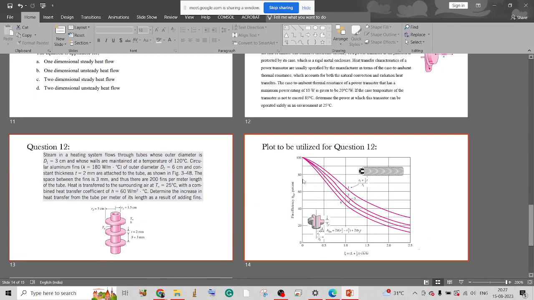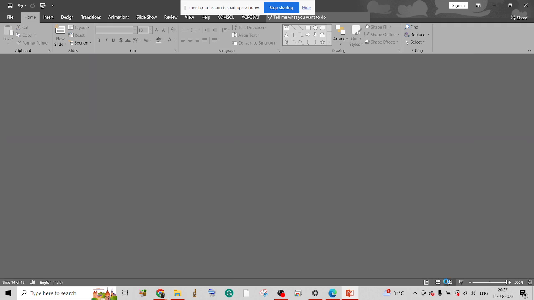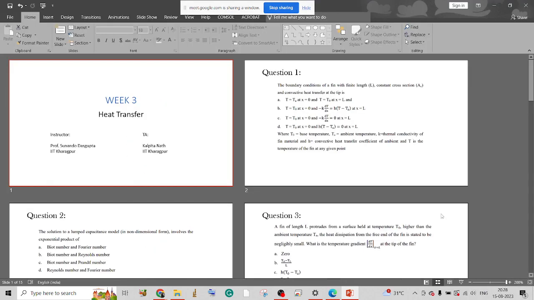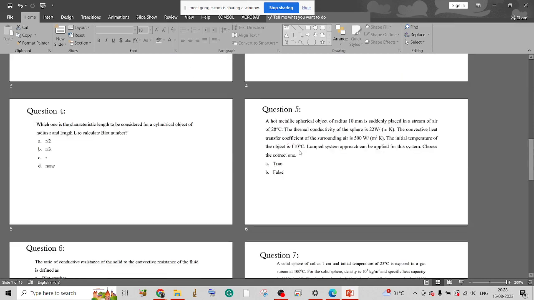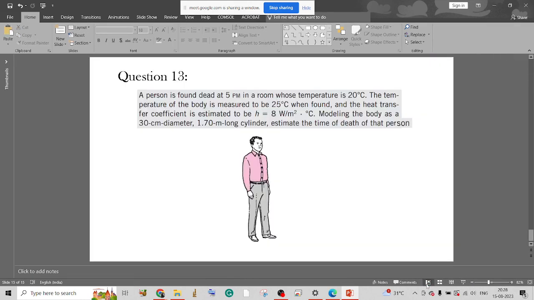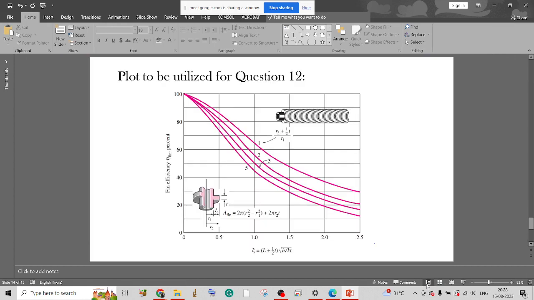Are both of them visible or they are too small to understand? Hello? Are both of them visible or should I maximize it? They are very small. Okay, make it one slide only. Yeah, this is the plot then.